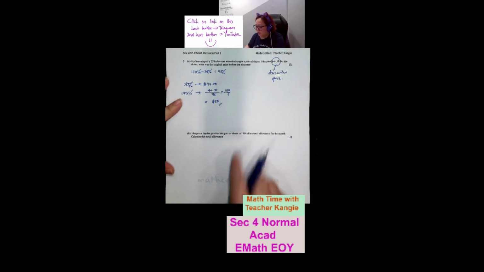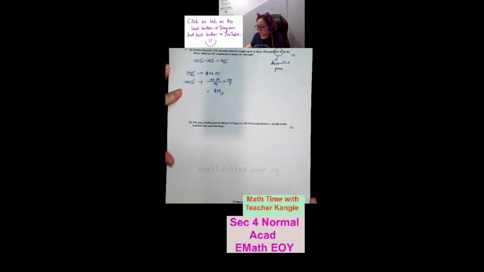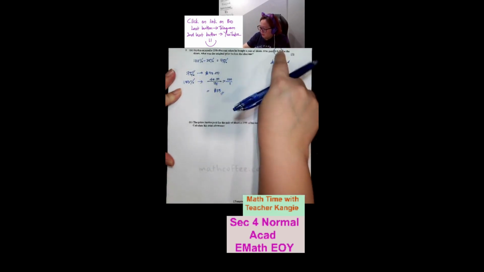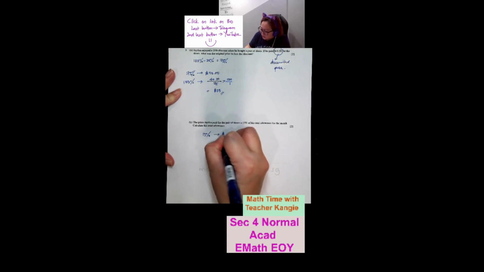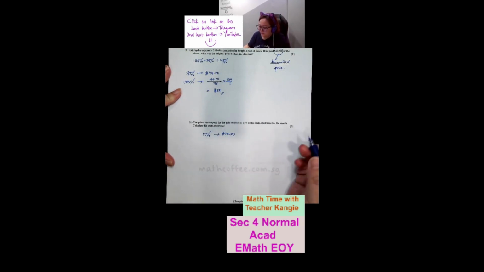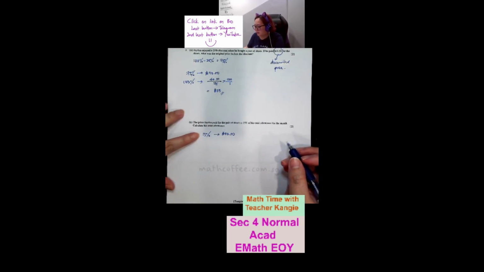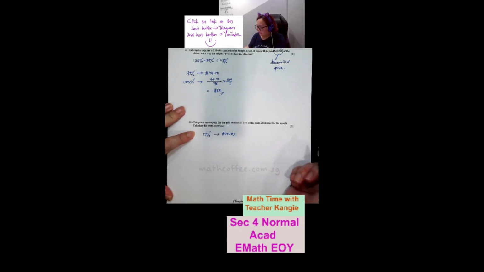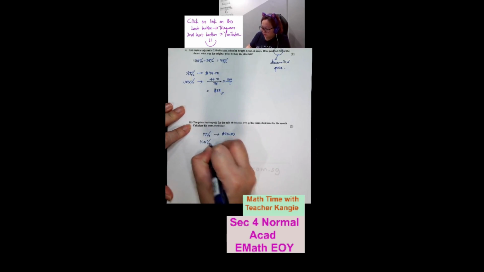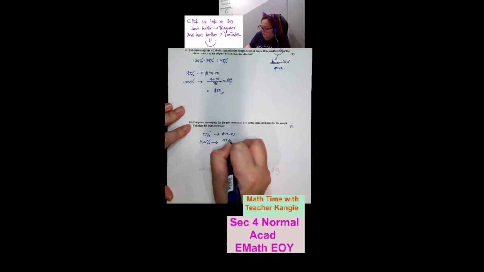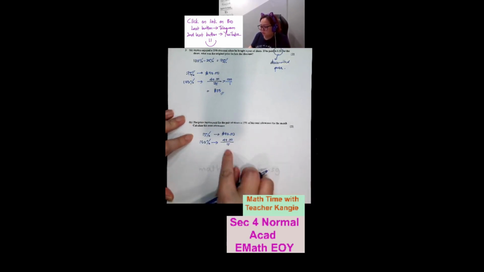So what we're going to do is, this 15% is $40.50. Okay, 15% is $40.50. So to find the allowance, just find 100%. So we're going to do 40.50 divided by 15. This is to find 1%.